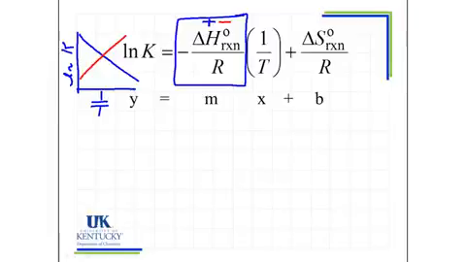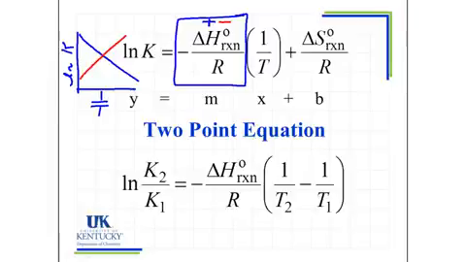So sometimes the slope would be negative, sometimes positive, but we have a relationship between the K value and the temperature. Now, anytime you have a straight line, it only takes 2 points to define that line, so the 2-point equation would look like this. But again, how T and K relate is dependent upon whether this energy term is positive or negative. Now, we won't do any work with this equation.